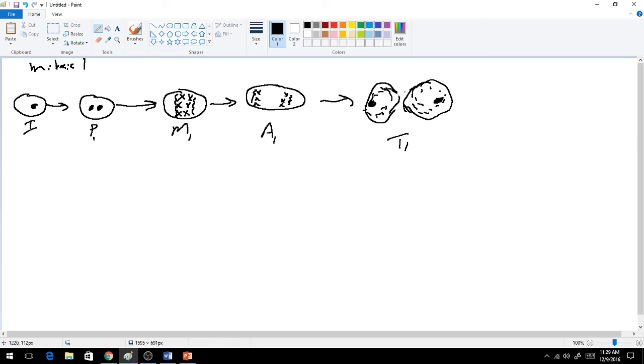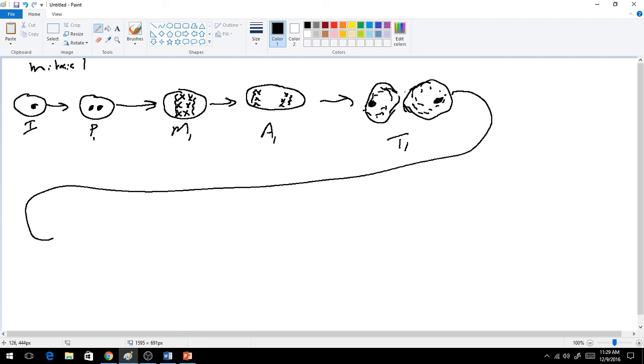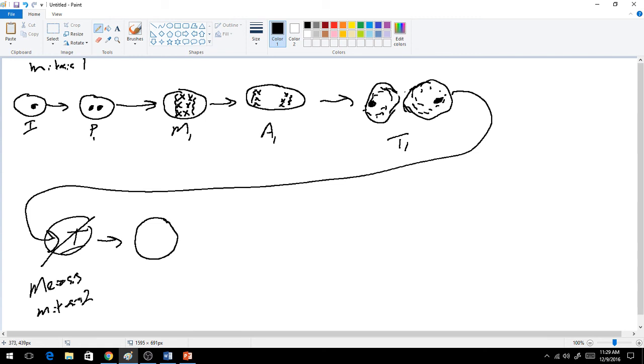In the case of sexual cells, or meiosis, we go directly into meiosis 2. So we don't go into interphase. No interphase. We go directly into a second prophase.